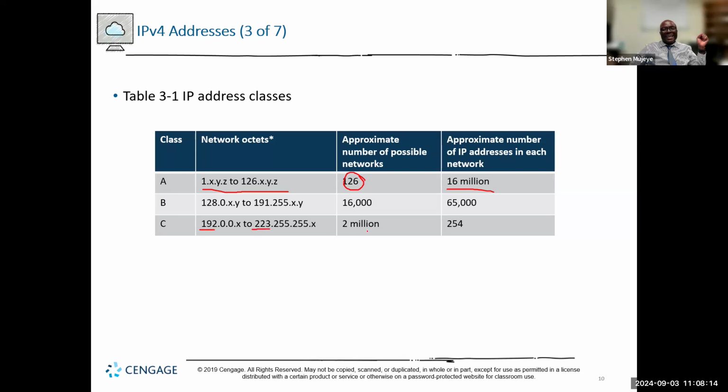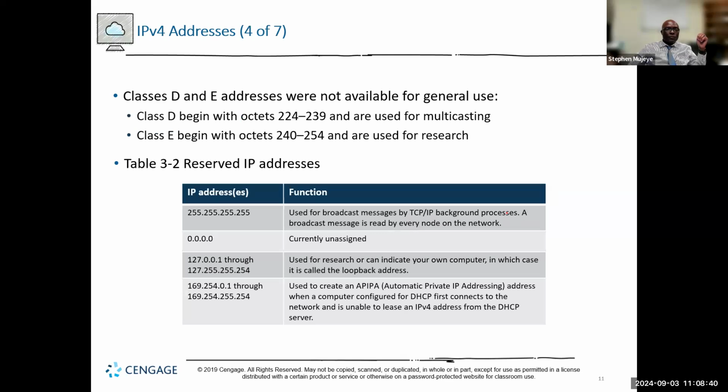And notice it can support more networks, but as more networks are supported, it means fewer IP addresses are going to be available. So the number of networks increases while the number of IP addresses available decreases.